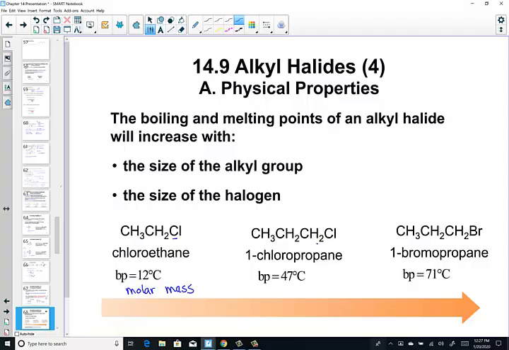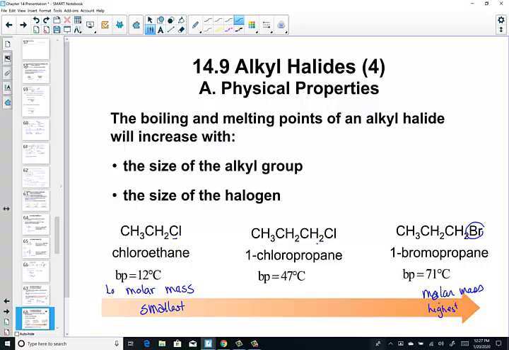The molar mass of CH3CH2Cl is the smallest. And if I take off a chlorine and add a big old bromine, which is much heavier on the periodic table, this has the largest molar mass. So it's the heaviest, it would have the highest boiling point.